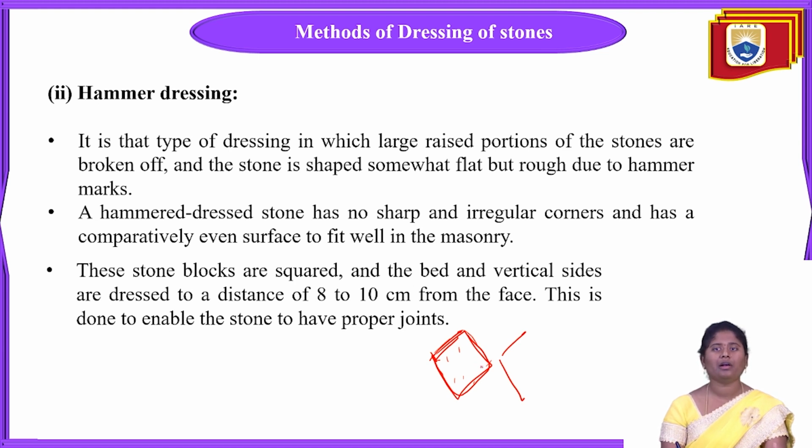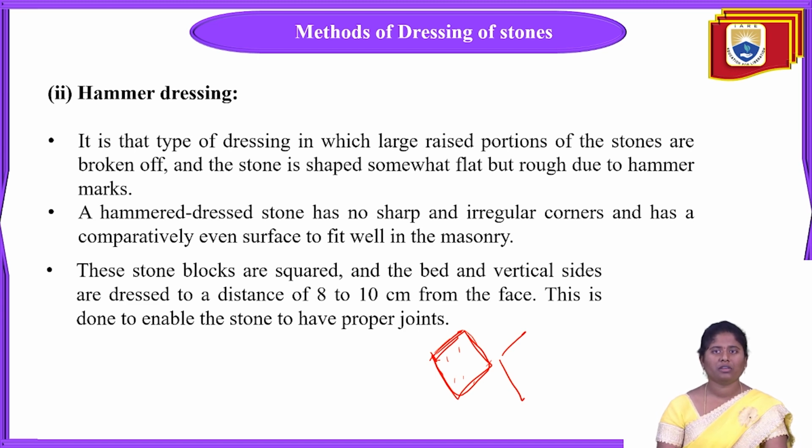Why? Because it is to fit in masonry. In masonry, we use these hammer dressed stones only. By doing this, a comparatively even surface will be there, so that it can easily fit well in the masonry.